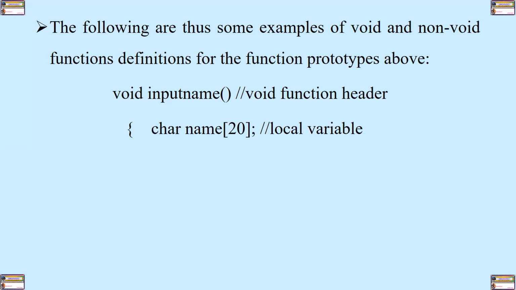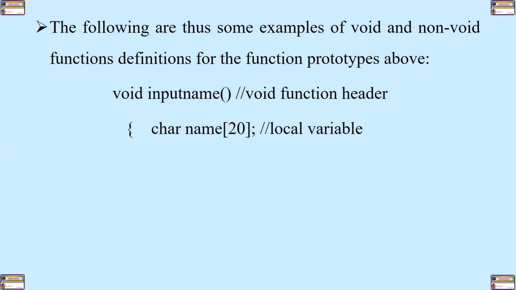Then in this function, we have one variable called name, but this name is composed of a maximum of 20 characters. So we are declaring a memory location in which to store a name that does not exceed 20 characters in length. So we call it an array of characters. So this is the memory location in which our name will be stored.